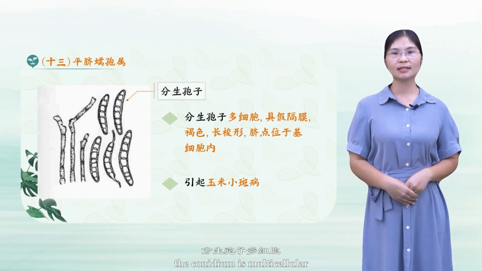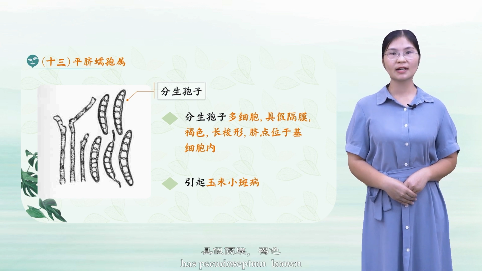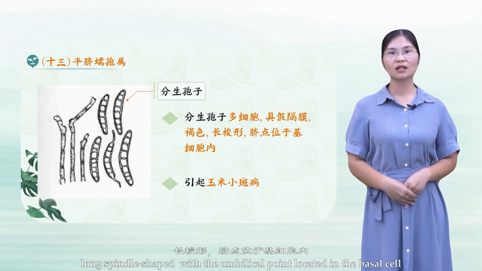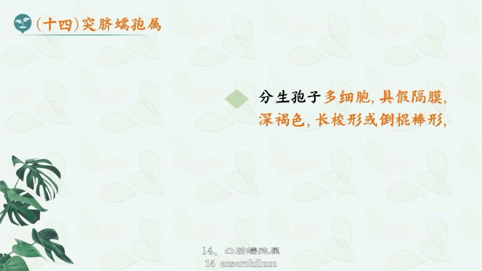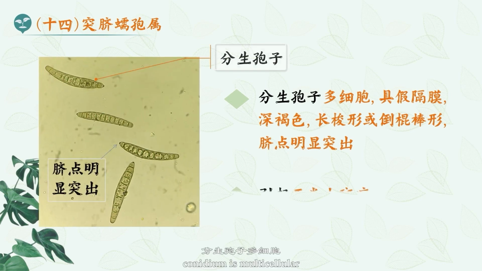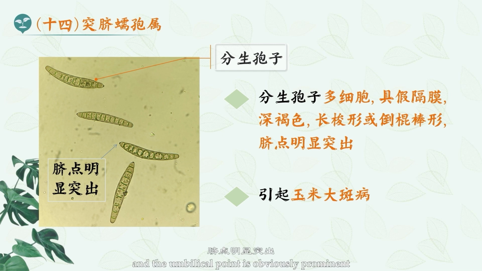The conidium is multicellular, has pseudoseptum, brown, long spindle-shaped with the hilum located in the basal cell. It can cause Bipolaris maydis leaf blight. 14. Exserohilum. Conidium is multicellular, has pseudoseptum, dark brown, long fusiform or inverted clavate, and the hilum is obviously prominent. It can cause northern leaf blight of corn.